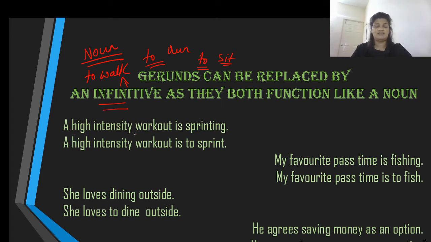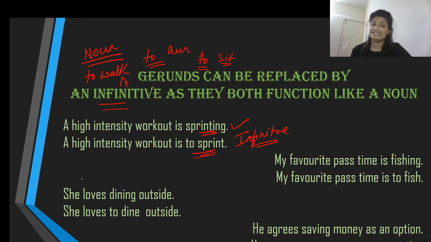A high intensity workout is sprinting. Now let us change sprinting into to sprint, which is an infinitive. A high intensity workout is to sprint. Do you see any change in the meaning over here? Definitely not.